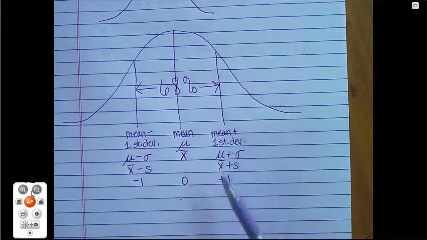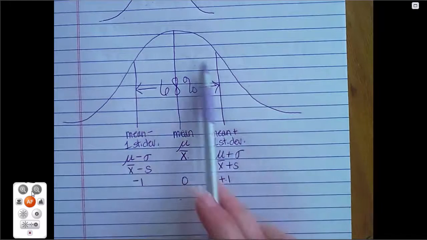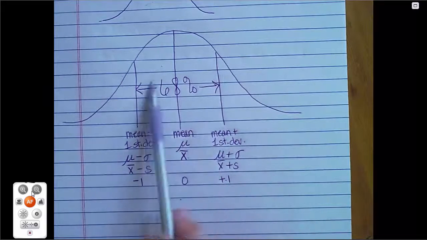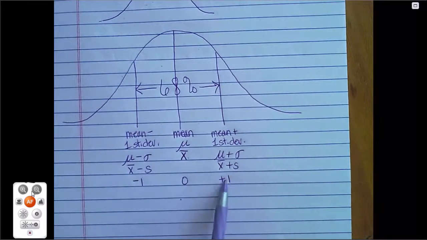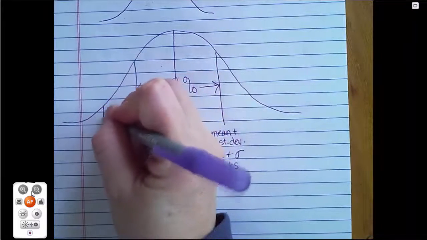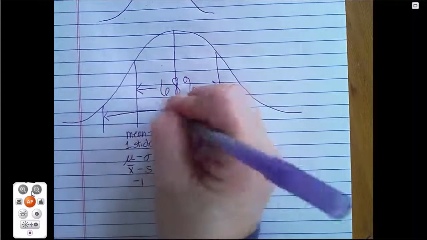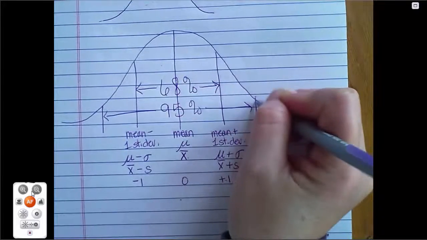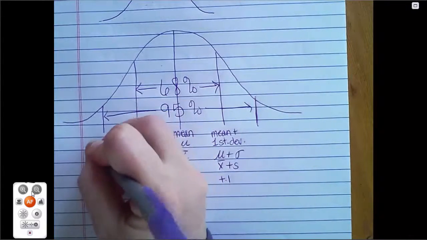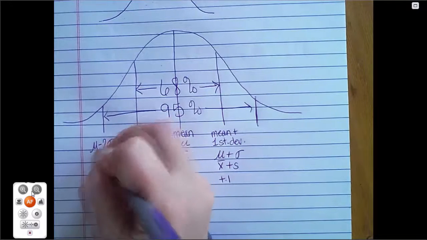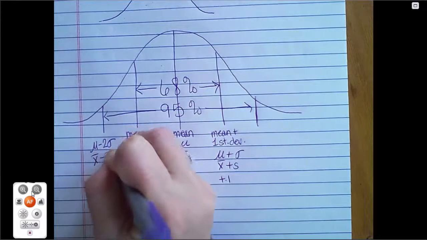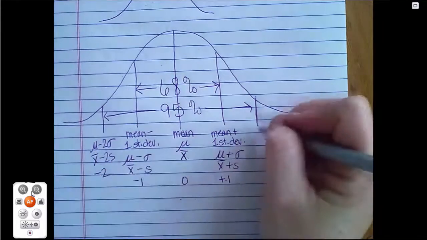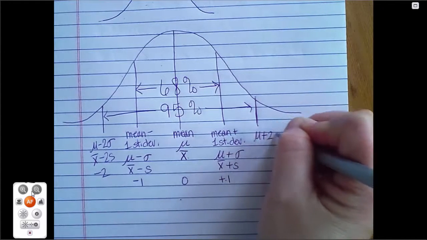Well, what about the rest of my data? So 68%, the majority of your data in a normal distribution, falls within one standard deviation of the mean. Within two standard deviations of the mean is 95% of all of our data. So this is the mean minus 2 standard deviations, and this is the mean plus 2 standard deviations.